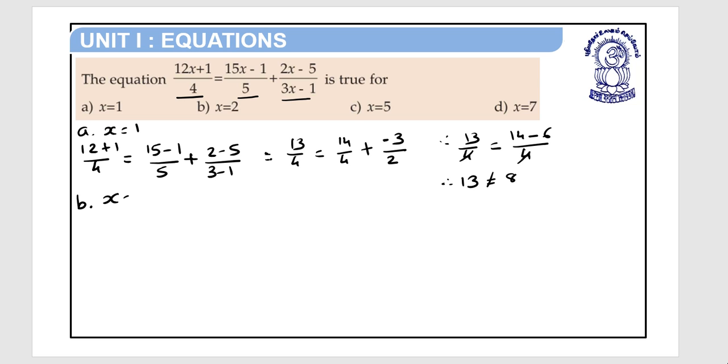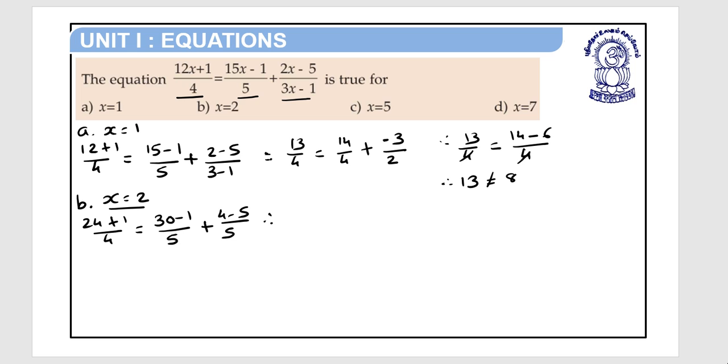B, x is equal to 2. Put the value of x is equal to 2 into this equation. 12 2s are 24 plus 1 by 4 is equal to 15 2s are 30 minus 1 by 5 plus 2 2s are 4 minus 5, 3 2s are 6 minus 1, 5.